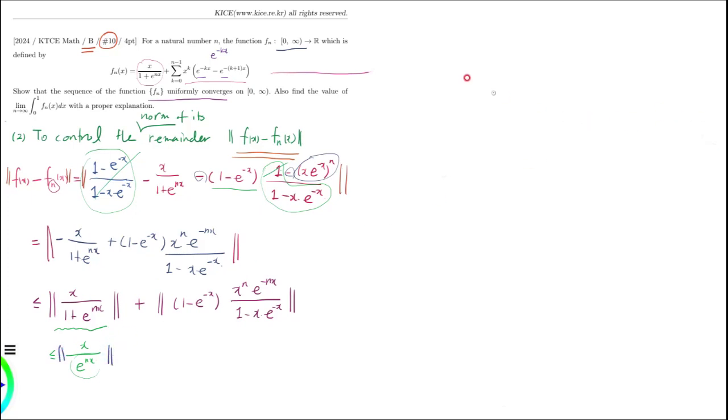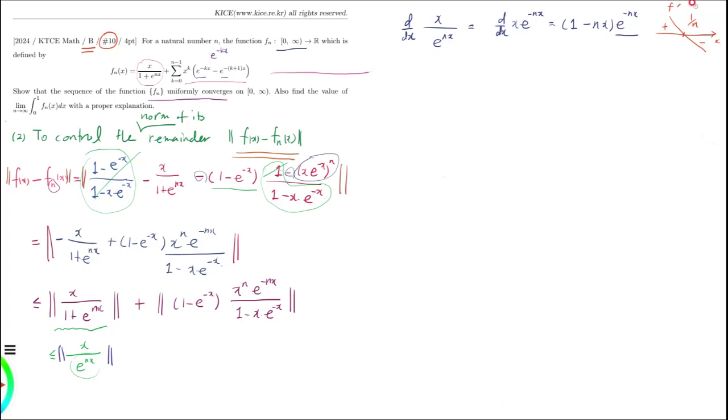And then if you take a look at the function x over e to the nx, and take the derivative with respect to x of this function, you will have the common factor e to the minus nx, and this has a local maximum when x is 1 over n.